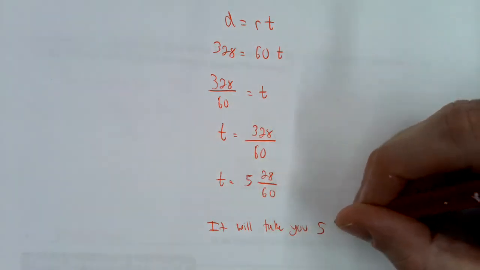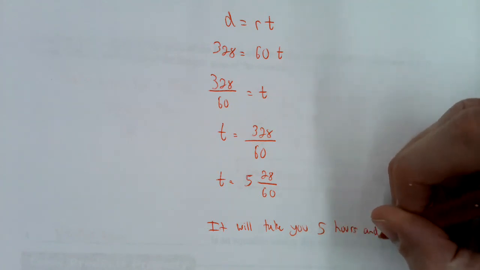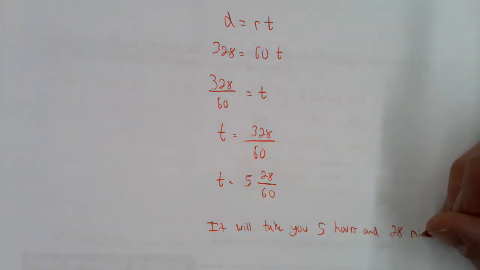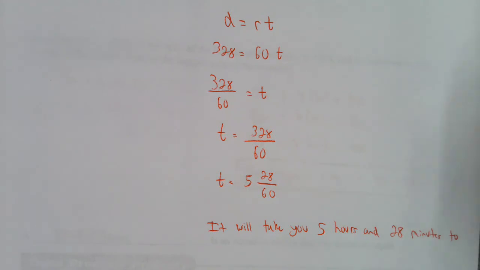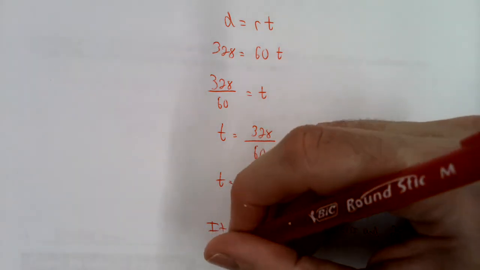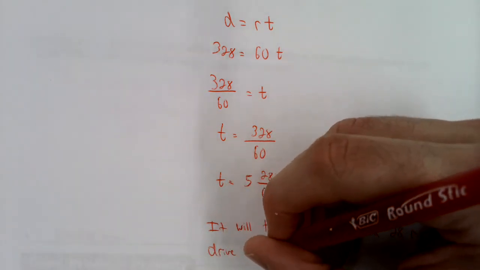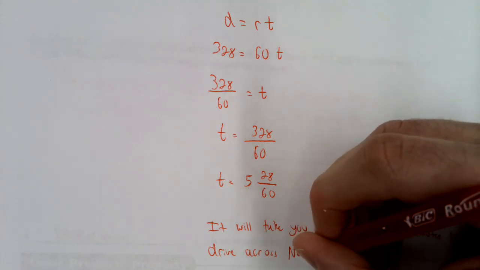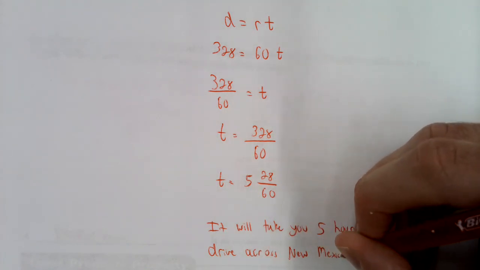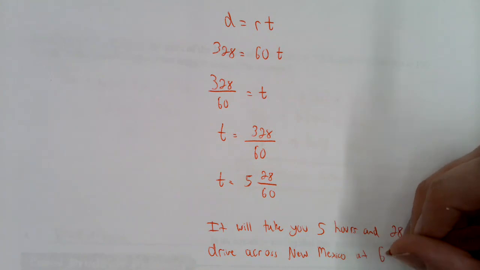It will take you 5 hours and 28 minutes to drive across New Mexico at 60 miles per hour.